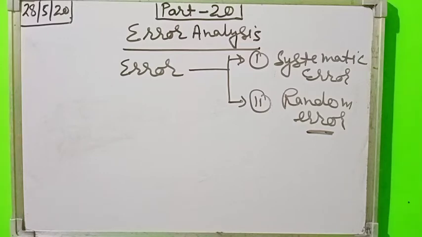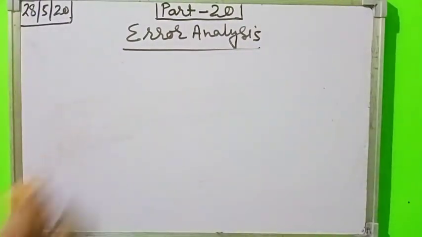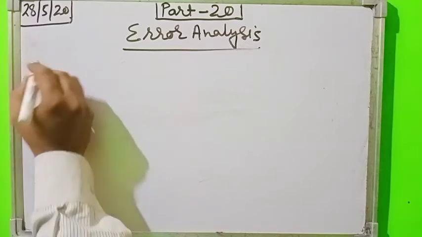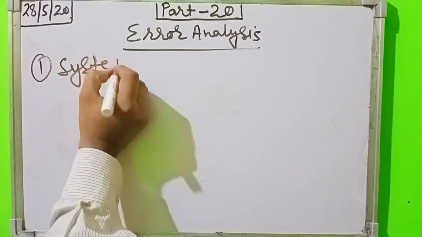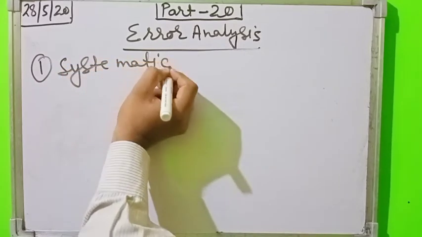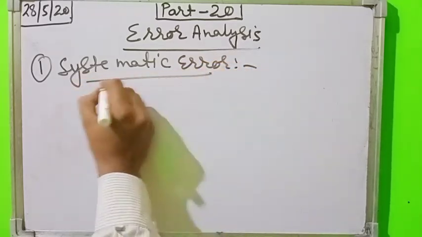Now one by one we will understand what is systematic error and what is random error. So first of all we will discuss systematic error.